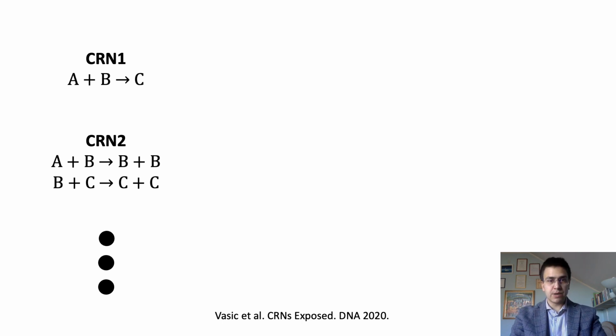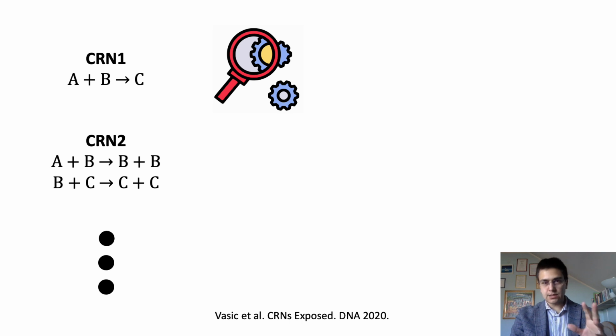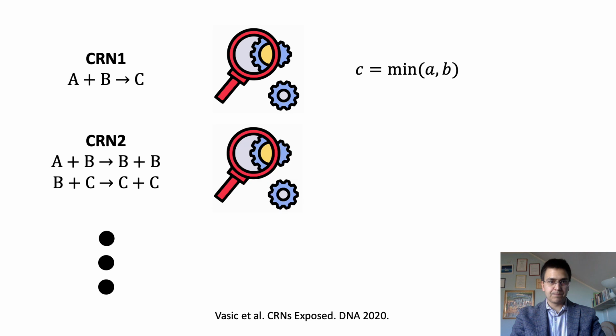Then we have the next part in our technique, which is called the analyzer. What the analyzer does is, given a CRN, it can say which function that CRN computes, such as a plus b equals c, or the minimum, as you already saw. And now we run the analyzer for all the other CRNs, and we wonder what we can find. Let's see that.